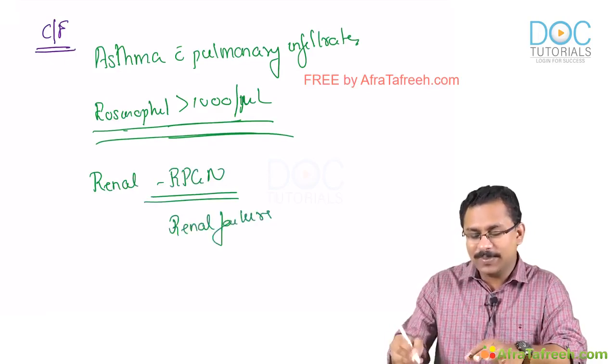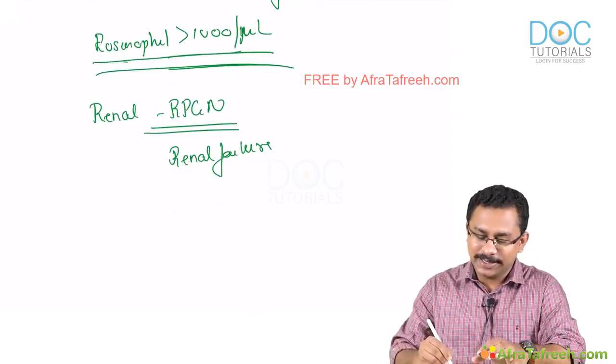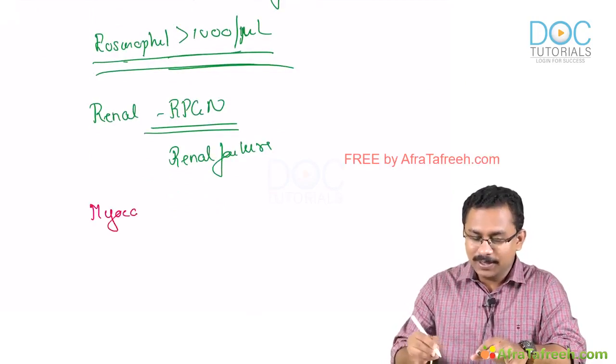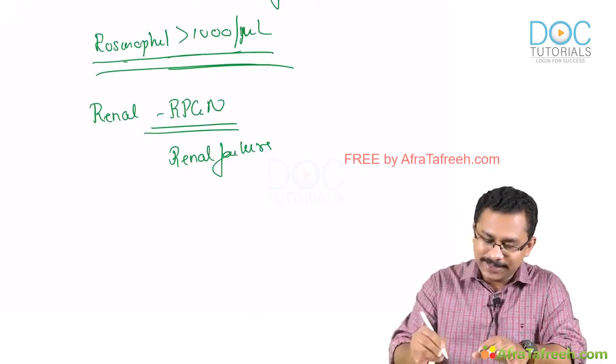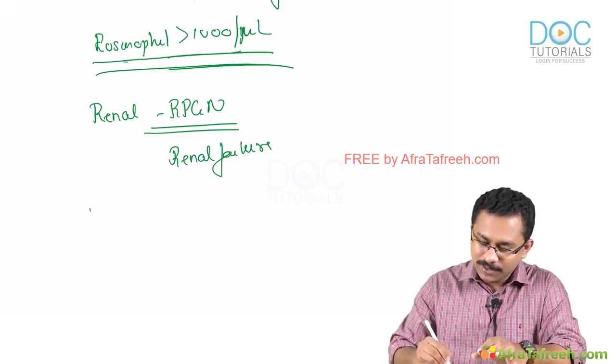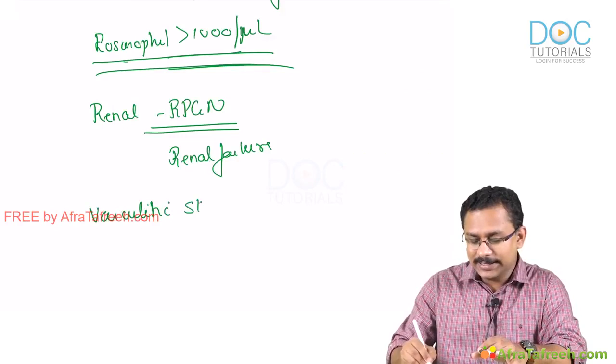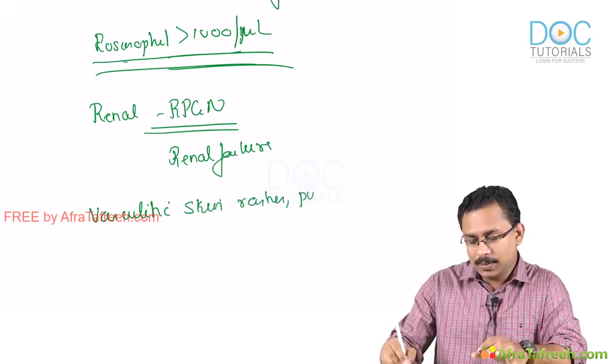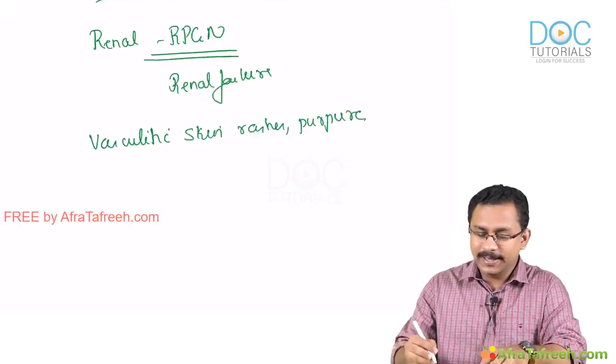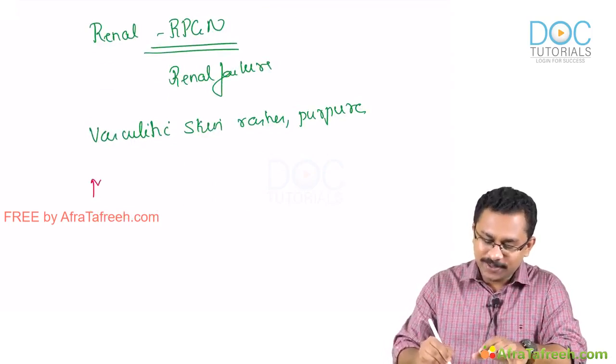And also keep in mind an interesting affection, that is the affection of your myocardium. Just before myocardium, the vasculitic skin rashes also. You can get vasculitic skin rashes and purpura. Okay. And finally, you can have a myocardial involvement.